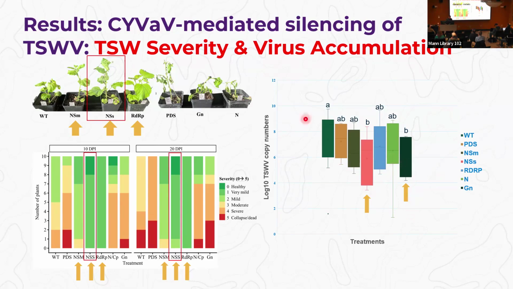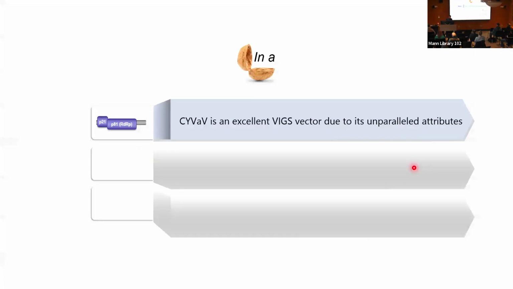But that was the case with the GN, but then GN is producing this weird phenotype that the plants are dying. So this is only 10 DPI results, so we'll get a much clearer picture when we look at more time points in the future. But this is fresh data. But clearly the NSS is showing quite a bit of promise with this.